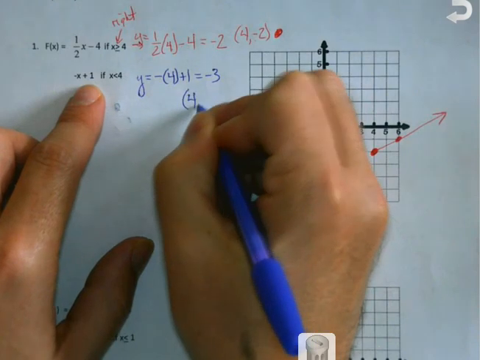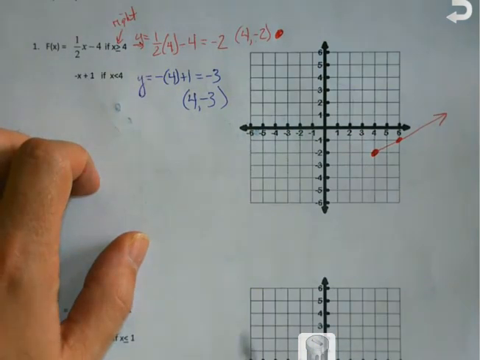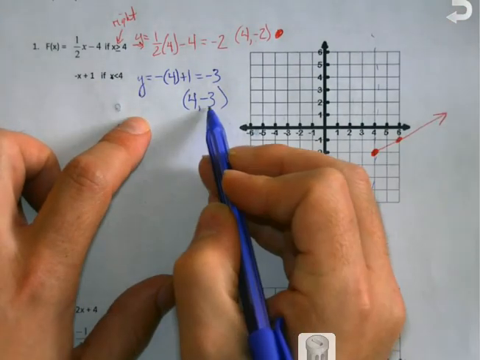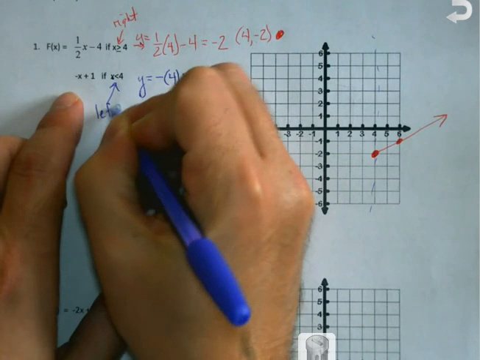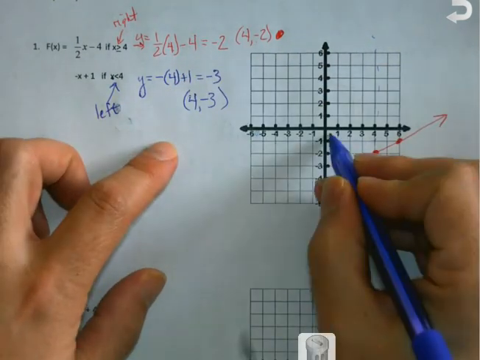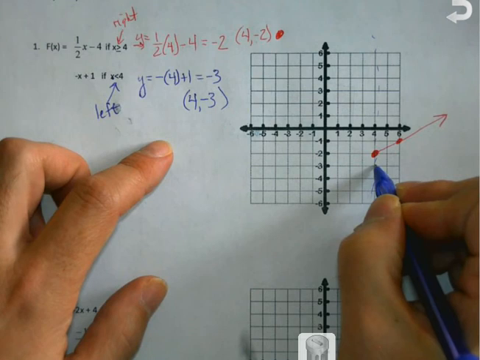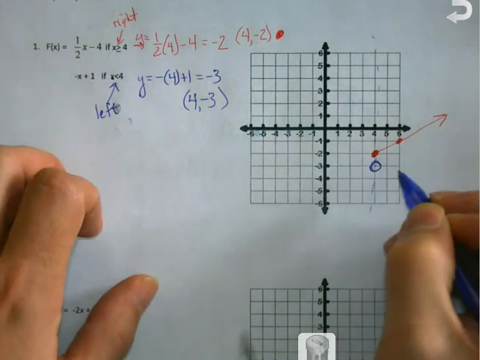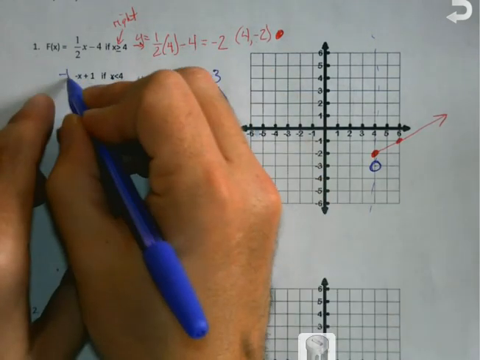Okay, so for the second one, I'm going to start at 4, because that's where it says, got to start somewhere on here. 4, negative 3, and it's less than. I want the points to the left. So, okay, 4, negative 3. What type of dot am I putting here? Open. So my slope is negative 1 over 1.